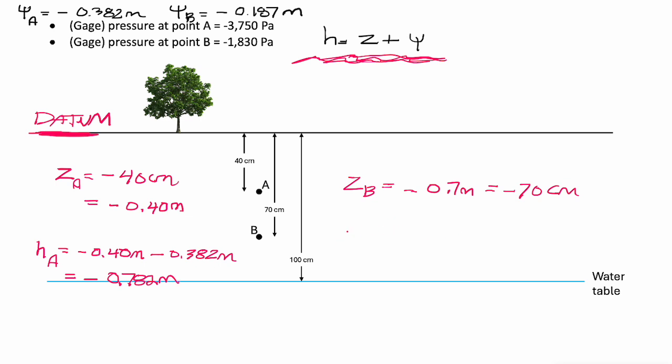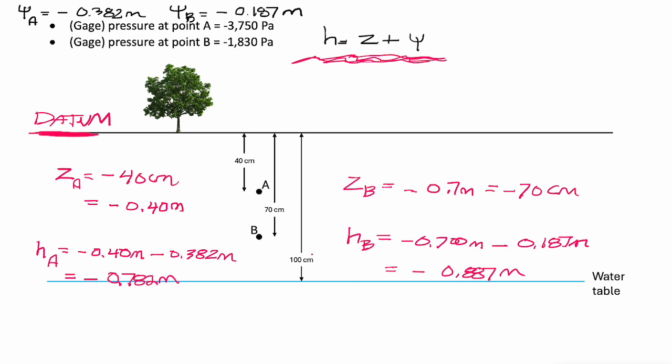My head at B will equal negative 0.700 meters. It's actually three significant figures here, sorry. Negative 0.700 meters minus 0.187 meters. And so my head at B is going to be equal to negative 0.887 meters.